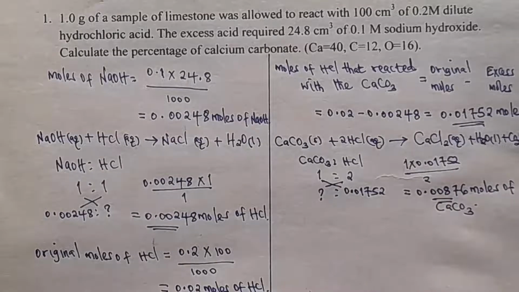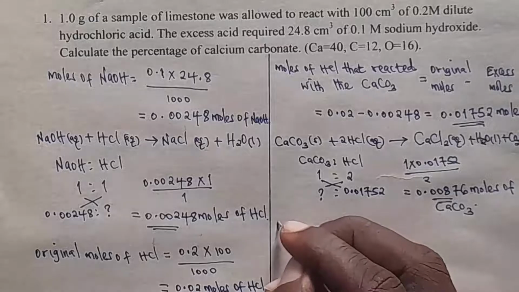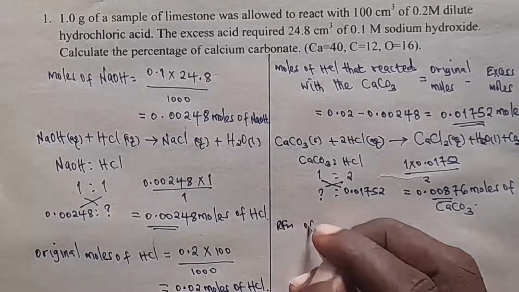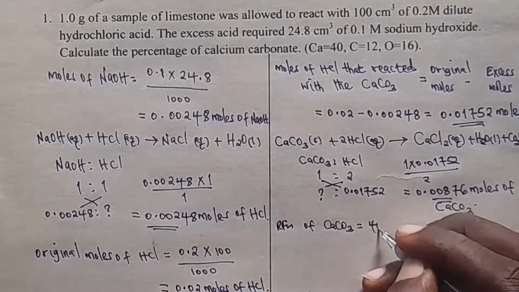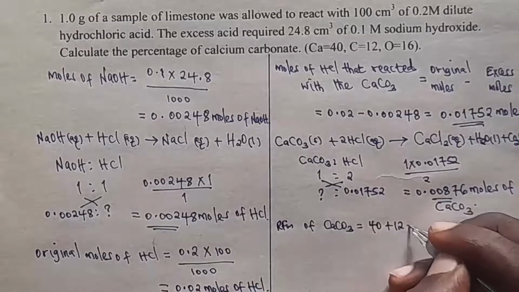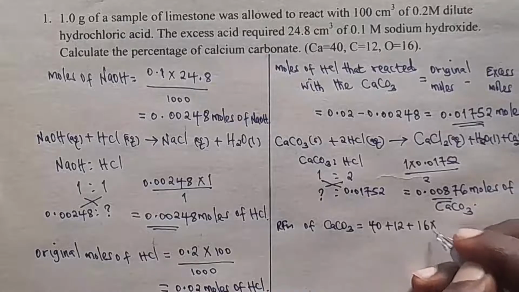Thereafter, next step, we have to get the mass of calcium carbonate. The formula for calculating mass is moles times RFM. So we have to get the RFM of calcium carbonate. We are going to have the RAM of calcium to be 40, plus the RAM of carbon to be 12, plus the RAM of oxygen to be 16 times 3.